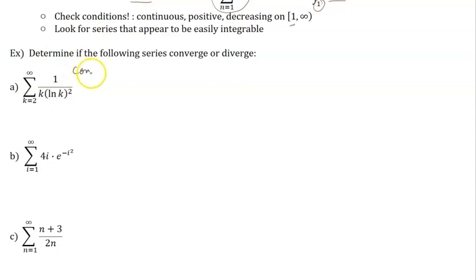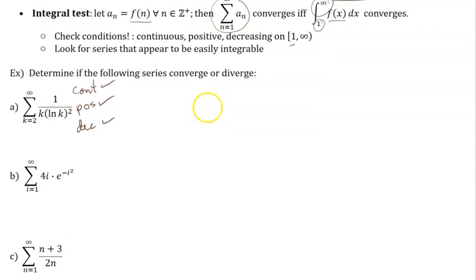Is it positive? Yes. And is it decreasing? I know that this is decreasing because as k increases, k times the natural log of k squared gets bigger. If my denominator gets bigger, then I have a decreasing fraction. So yes, I know that all 3 conditions are met.